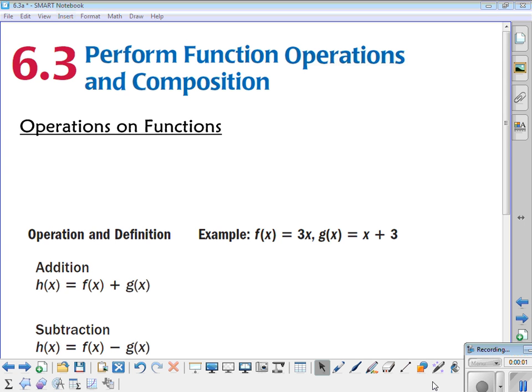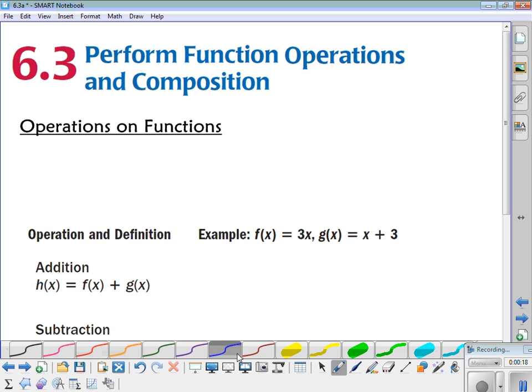All right, so today we are going to perform function operations. What that means is add, subtract, multiply, divide with functions. Previously, we've been doing that with polynomials. Add, subtract, divide, multiply. Isn't that what we were doing in the last chapter?